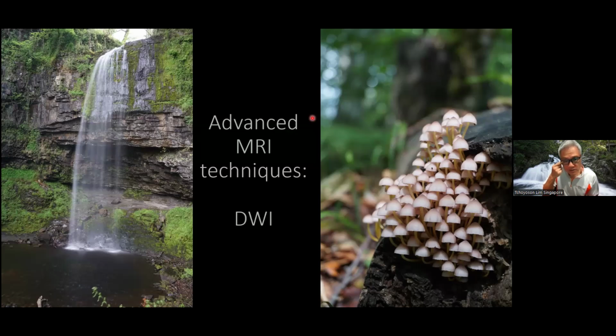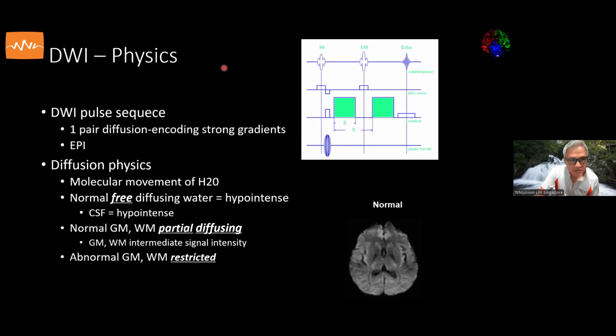Now I'd like to focus on diffusion-weighted MR imaging. The physics of DWI are that if you put a pair of strong diffusion encoding gradients on either side of the spin echo or gradient echo EPI, this allows us to study the molecular movement of water. So at the molecular level, free diffusion of water will result in low signal intensity on the diffusion-weighted imaging.